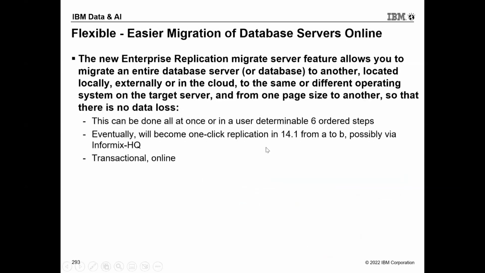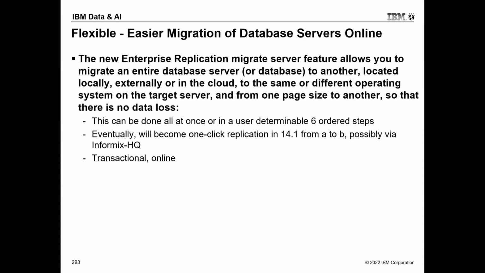The new Enterprise Replication Migrate Server feature allows you to migrate an entire database server or database to another located locally, externally, or in the cloud, to the same or different operating system and release of Informix on the target server, and from one page size to another, so that there is no data loss.